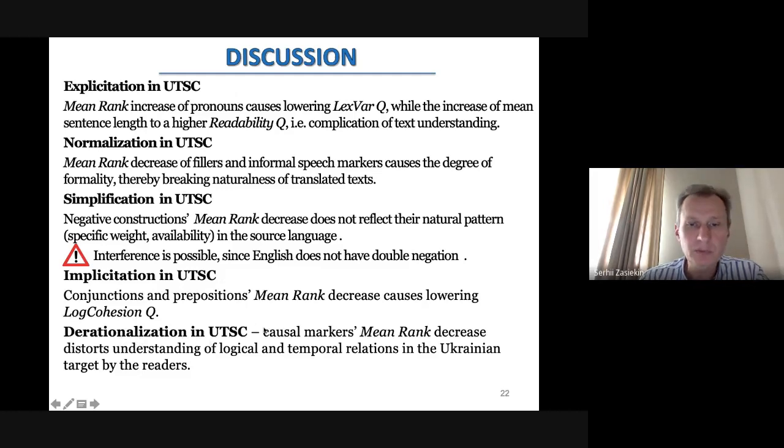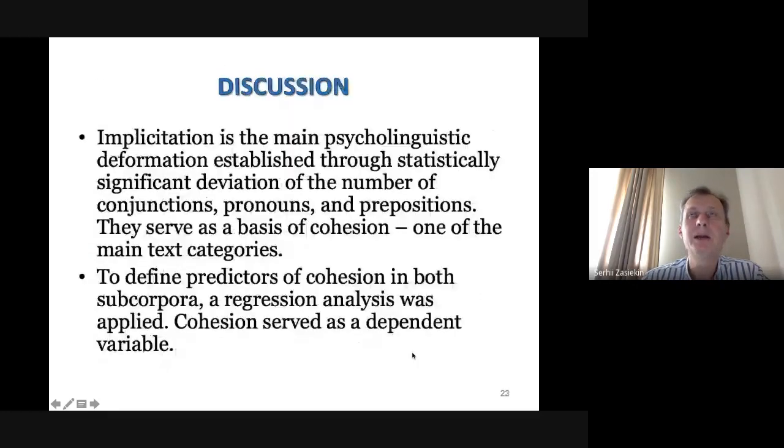Derationalization means that the causal markers rank decrease. The decrease of the use of causal markers distorts understanding of logical and temporal relations in the Ukrainian target text by the Ukrainian readers.